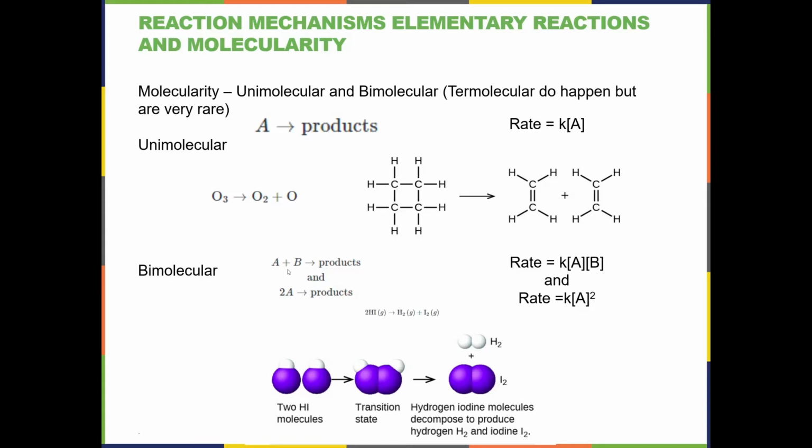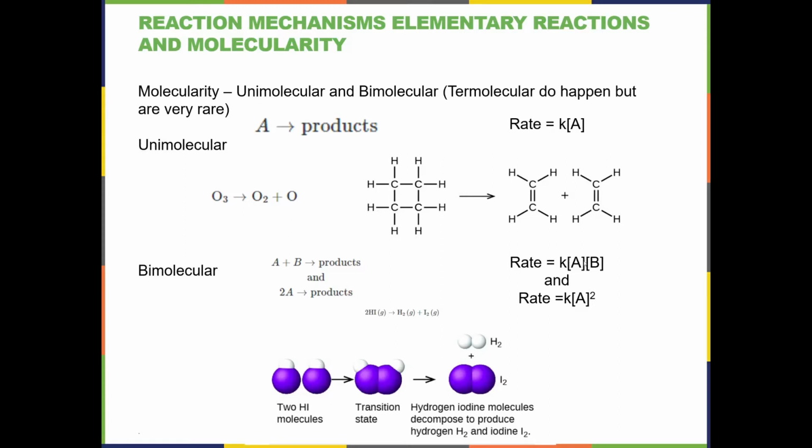Bimolecular reactions can happen in two ways. Again, these are elementary reactions where these are the actual species that are reacting, or they're steps in a mechanism. So here we have A plus B yields products. In this case, A and B have to actually interact with each other and hit to form the product, presumably AB.